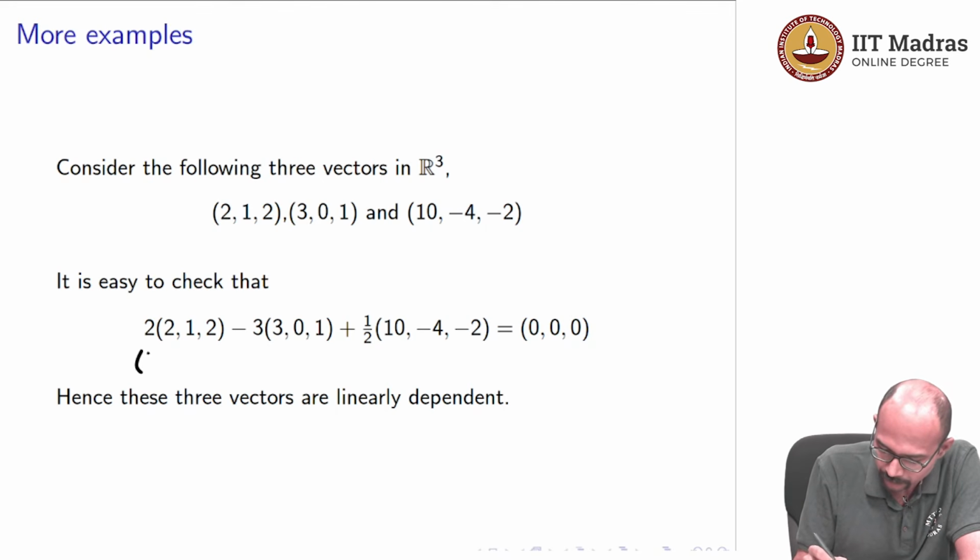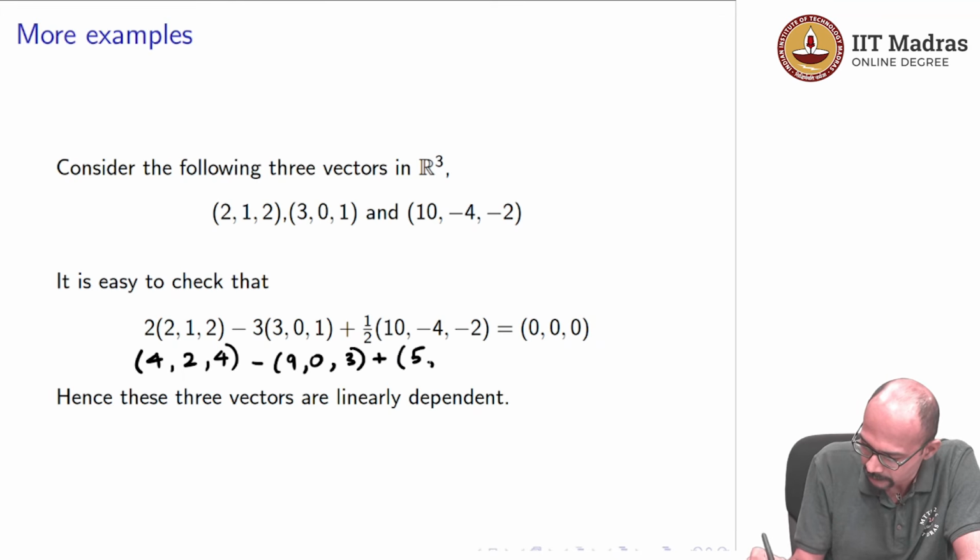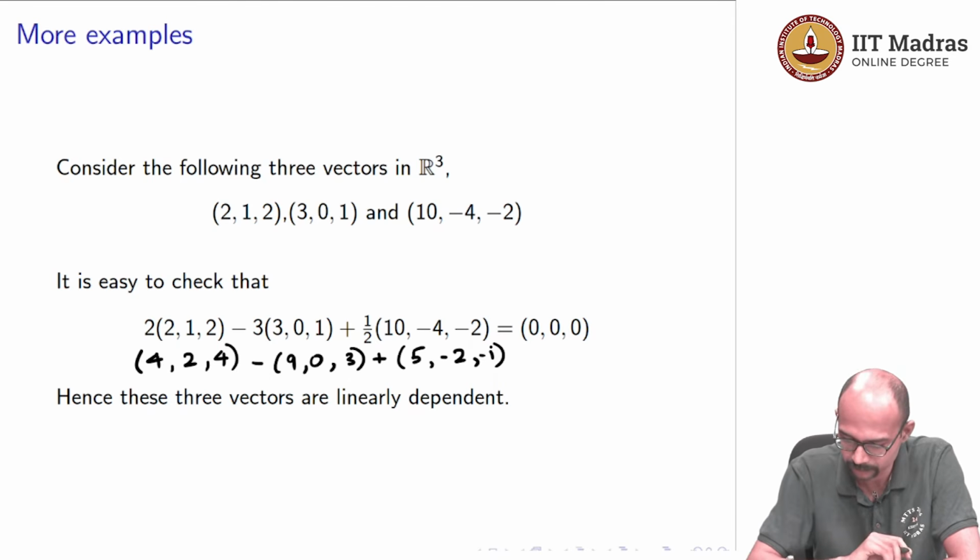So the checking here is (4, 2, 4) minus (9, 0, 3) plus (5, minus 2, minus 1). Well, the first component is 4 minus 9 plus 5, that is indeed 0.